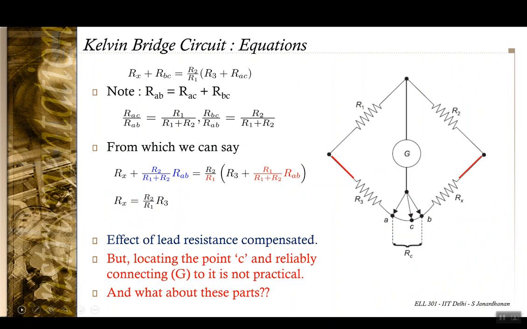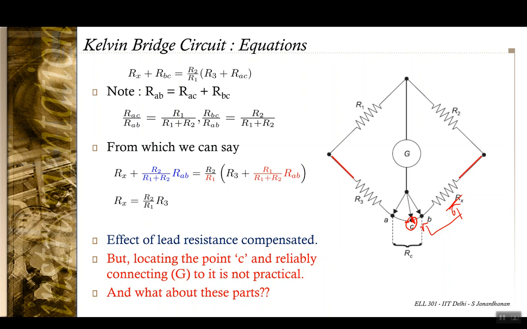But the problem is how do you locate this point C? How reliably can you locate this point C? And how do you maintain the contact at that particular point C using a wiper? Because the lead resistance is comparable to the unknown resistance, any variation here is going to cause significant errors.